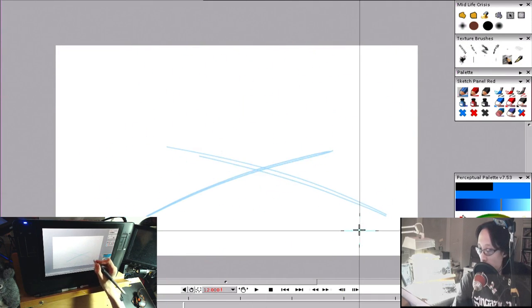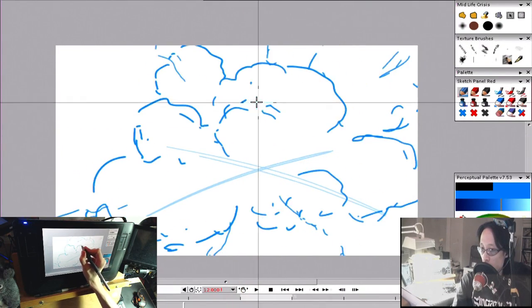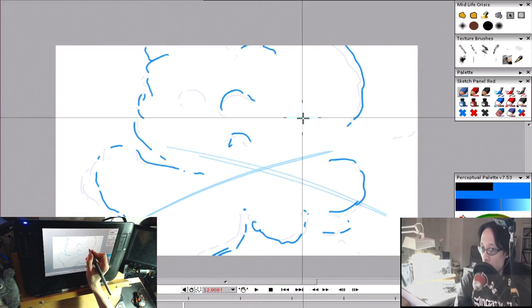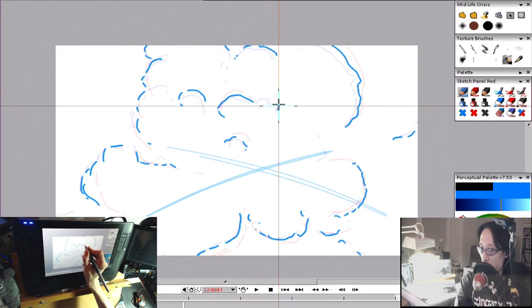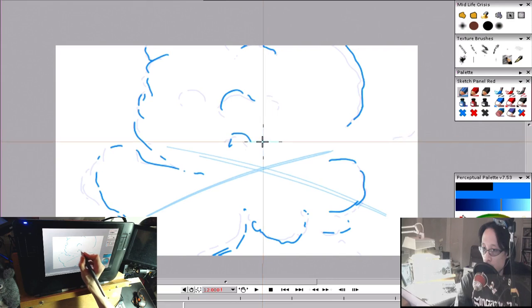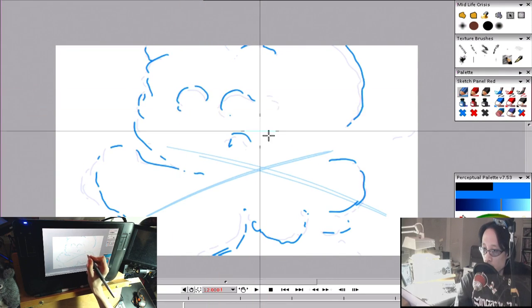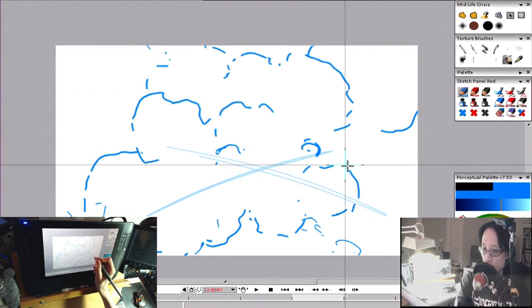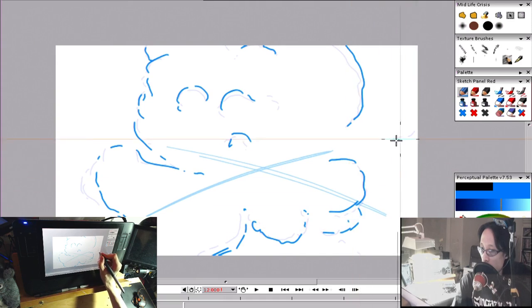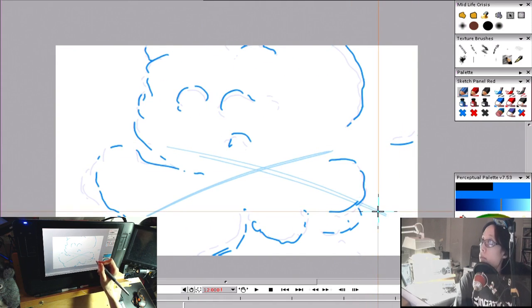Fairly opaque smoke. Am I missing? Oh yeah, I am missing a bit of... and then just next frame.